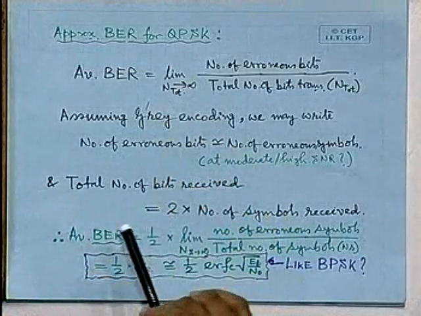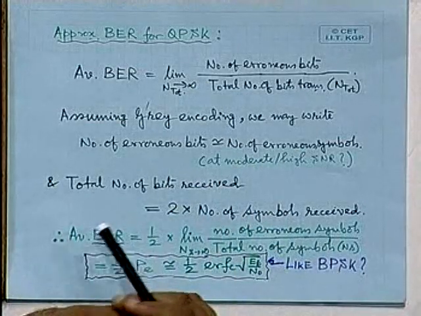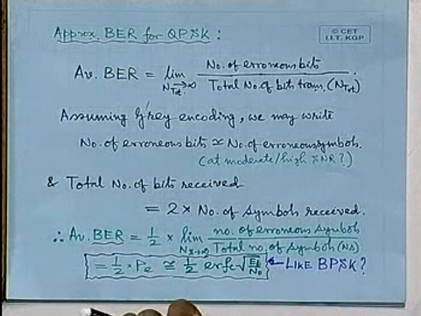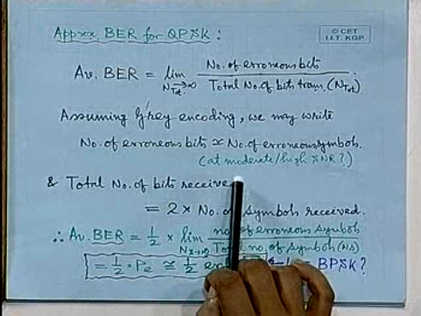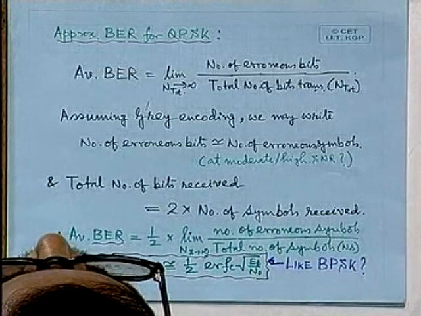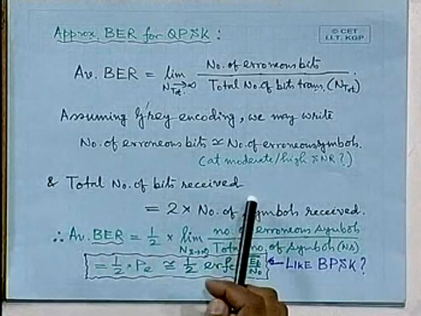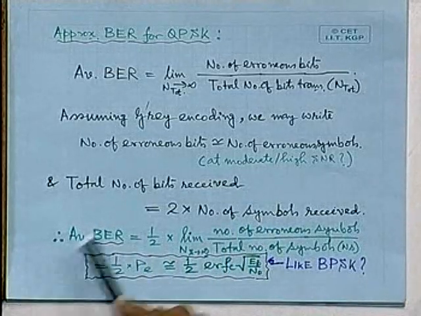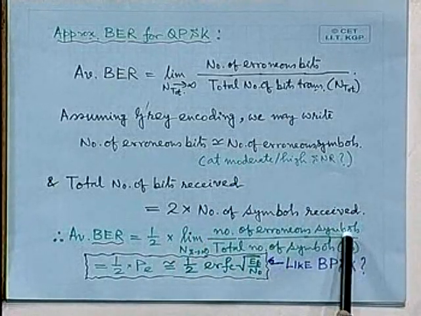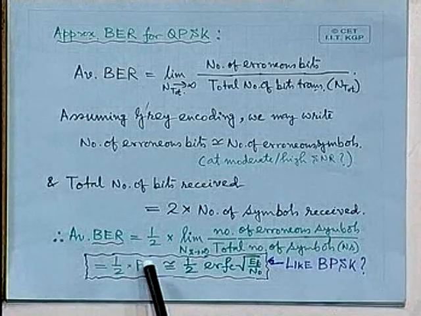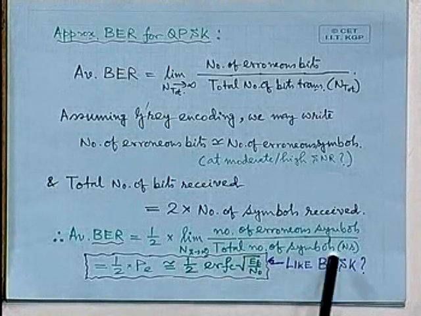As we discussed, assuming Gray coding, you may write that the number of erroneous bits is equal to the number of erroneous symbols. This is correct or close to the actual scenario when the SNR is moderate or high. To remind you, the total number of bits received is twice the number of symbols received. So, expressing this in terms of symbols, the average bit error rate is half the limit of the number of erroneous symbols received divided by the total number of symbols received.